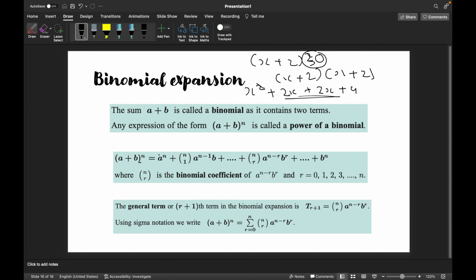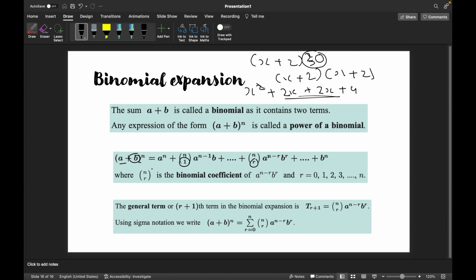So you have this term, right? The power of the first would be this minus this, and of the second term, it would be this number. So it's going to be n minus r into b to the power of r.